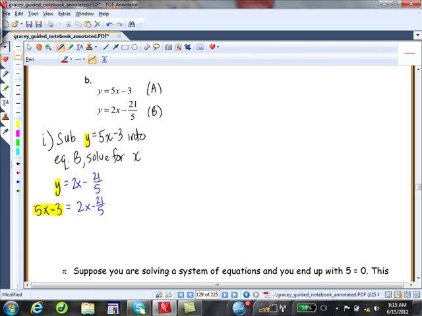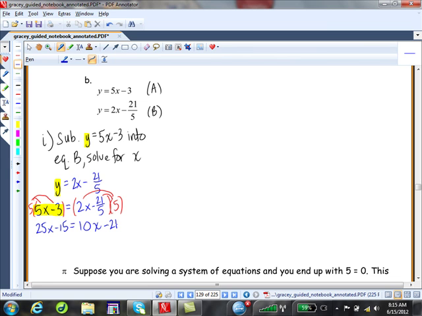Sure, why not? If we multiply both sides by 5, and don't forget, we need to distribute, we'll get 25x minus 15 equals 10x minus 21, because 21/5 times 5 is 21.